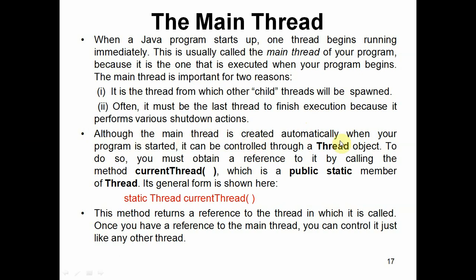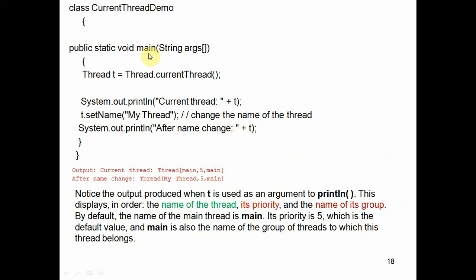Although the main thread is created automatically when your program is started, it can be controlled through a thread object. To do so, you must obtain a reference to it by calling the currentThread method. This returns the thread currently executing, a reference to the thread in which it is called. For example, in this example program we define one class, CurrentThreadDemo, and within that we define the main method.